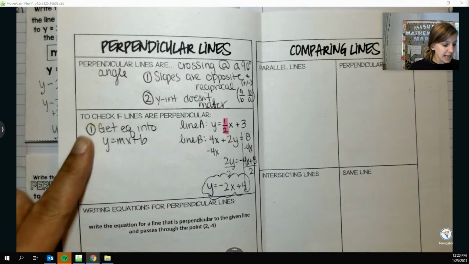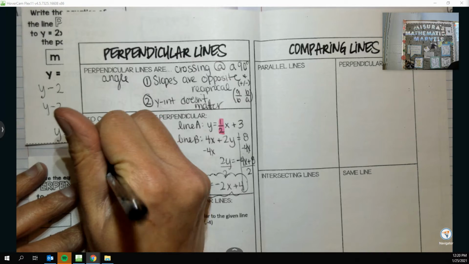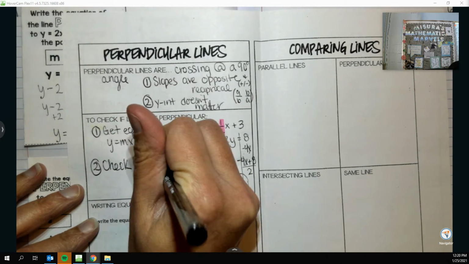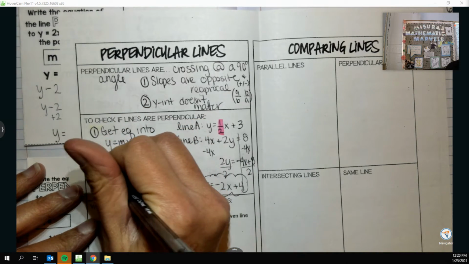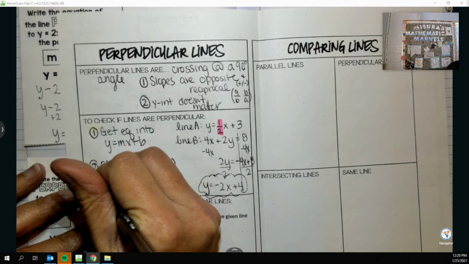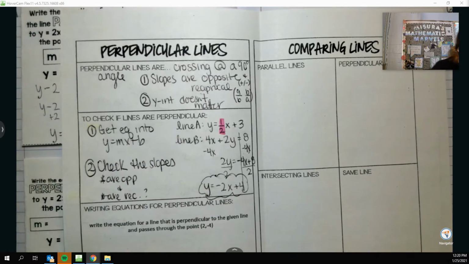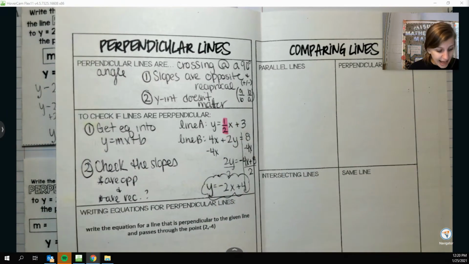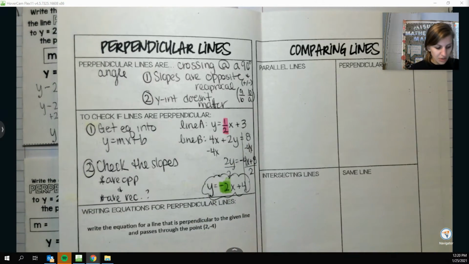The second thing, after we get our equations into y equals mx plus b, is we want to check the slopes. And two things: are they opposite, and are they reciprocal? It needs to be both. When I look at this one, the slope was half. When I look at this one here, the slope is negative 2.